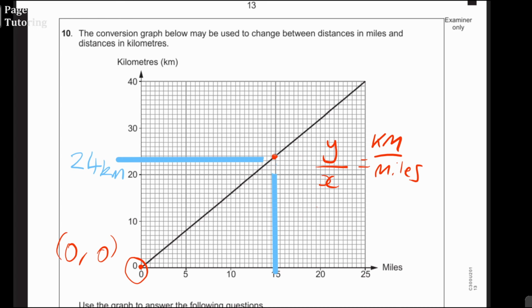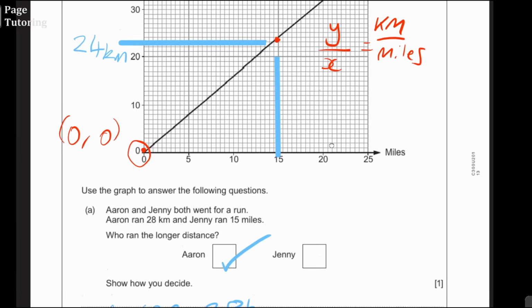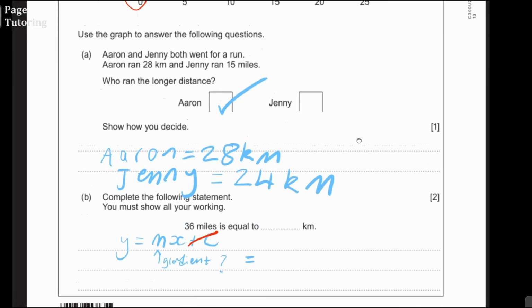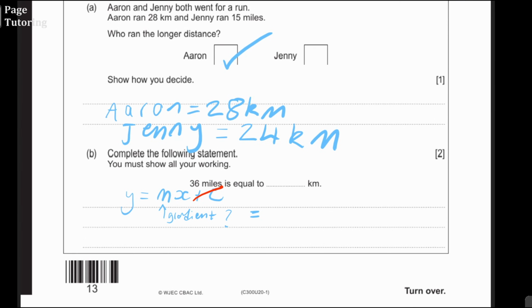So what is this value? We've just worked it out for Jenny. You know for Jenny that it would be 24 kilometers over your value in miles, so 15 miles. And you can't do that in your head, so get your calculator out.